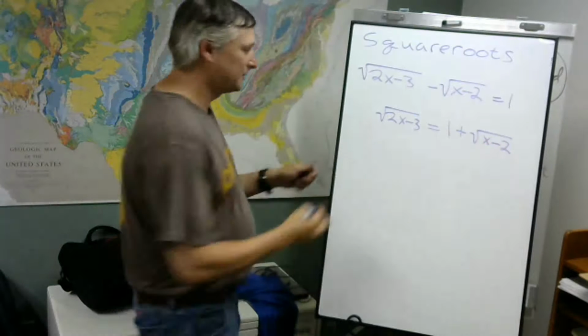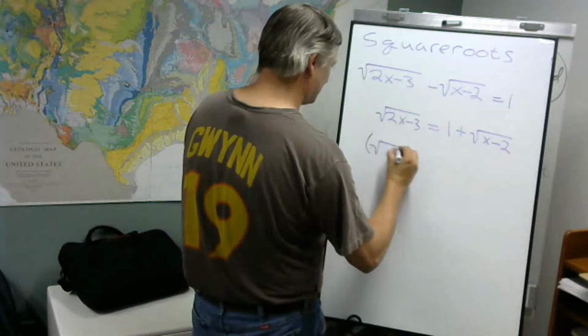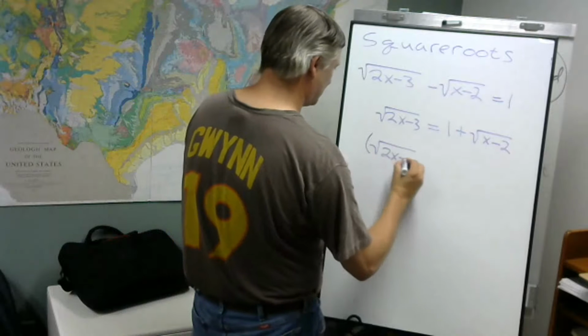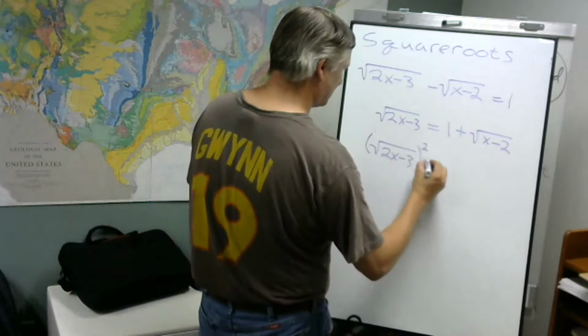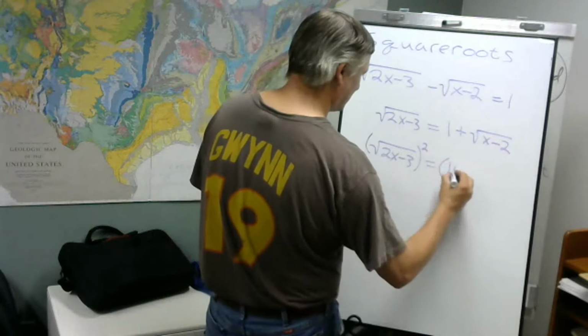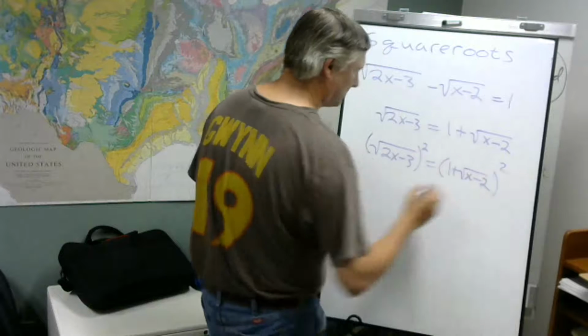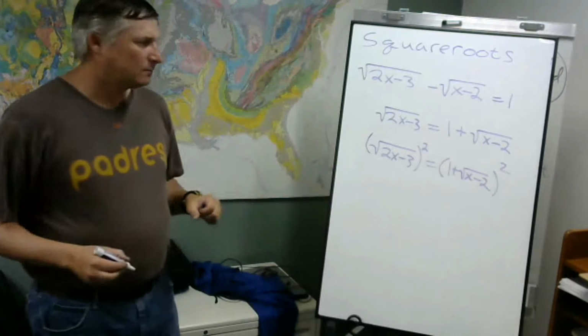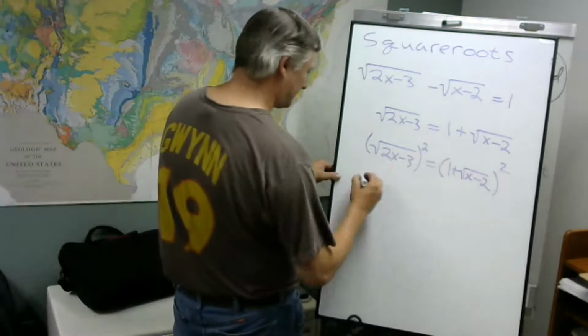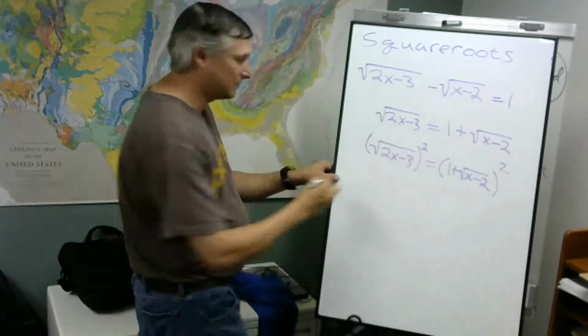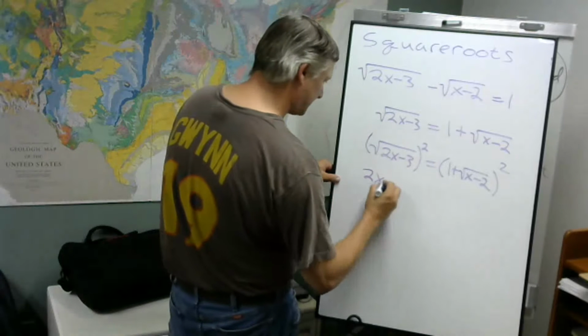Now we're going to square things. And when we do that, the square and the square root cancel. So we'll get this.